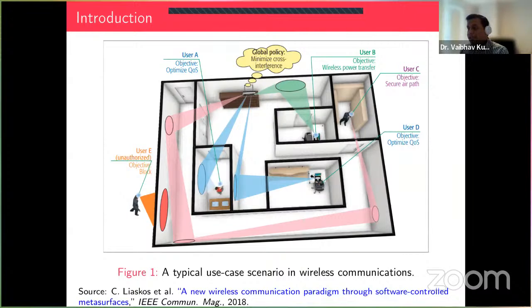So in the case of 6G, when 5G is being deployed in many parts of the world, even in India, I believe, people have started thinking about what we can do for next generation communication systems.